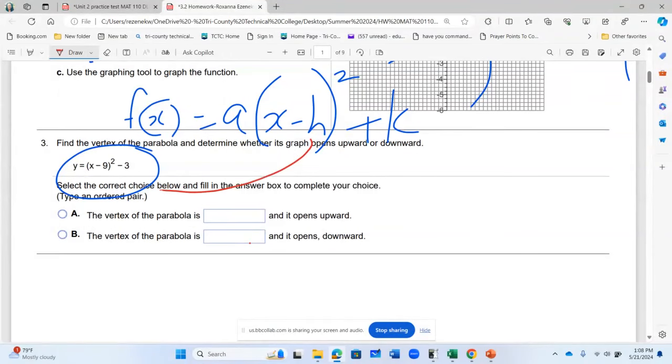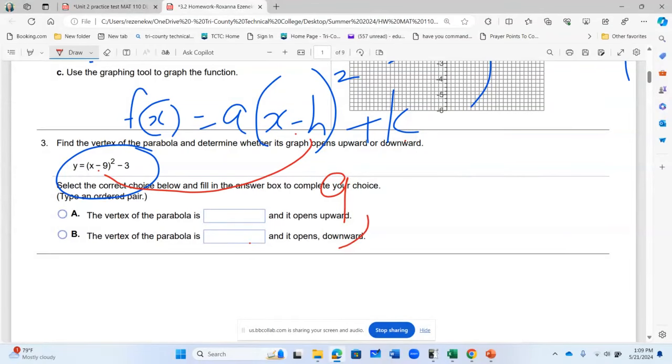So if you note now that there is a negative in the original function, there is a negative here. Therefore, h is not negative 9, because that's the mistake that students make. H is 9.